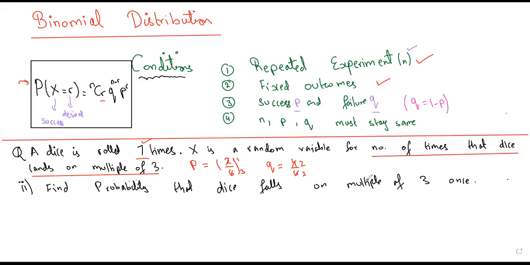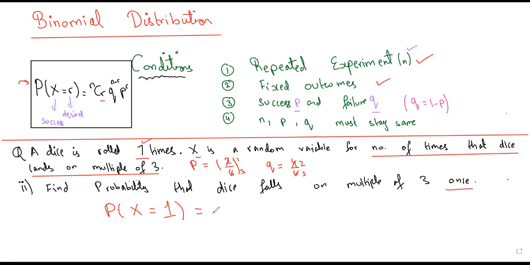Again, we are just to write it down and we can easily find it out. Probability that x, which was number of times, and x is going to be, find the probability that dice falls on multiple of 3 once. So what would be this? X equals to 1. Okay, this is what we are to calculate this time around.